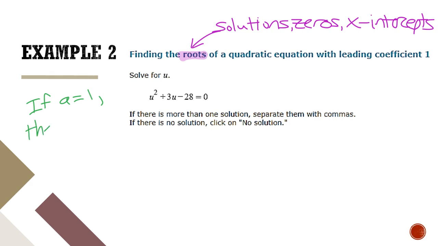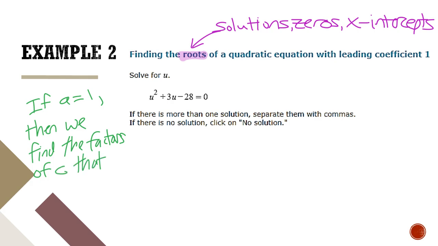Then we find the factors of c that potentially add to our b value. So if this is factorable, we can do it this way. This one, by chance, is factorable.